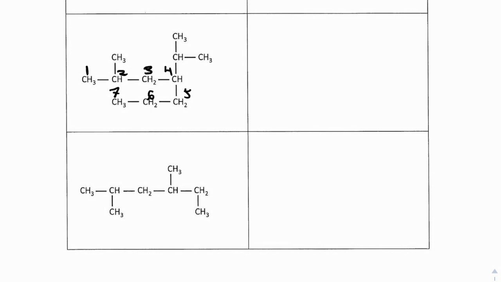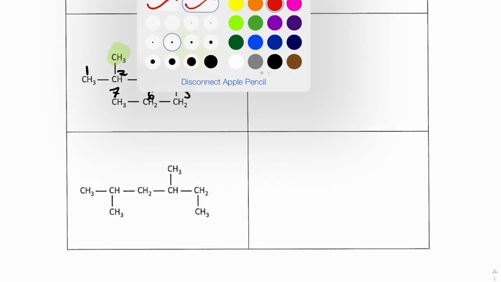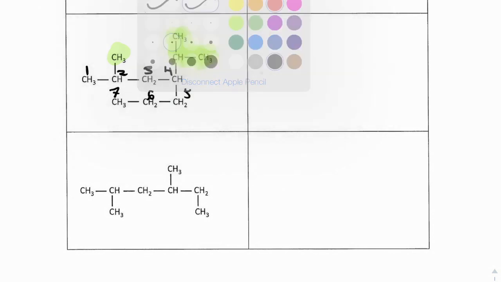And now comes the name. Let me highlight all the substituents for you guys. This is a substituent. Perfect. For this group right here, I'm going to use the common name isopropyl. I will call that isopropyl. In the last video, I only did IUPAC nomenclature.